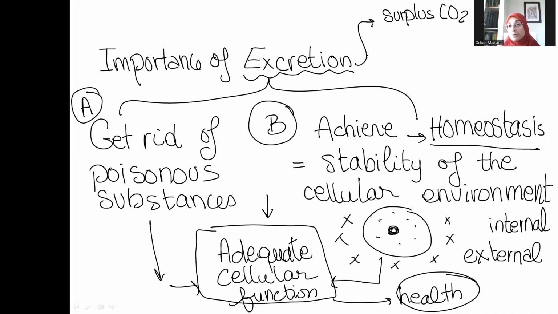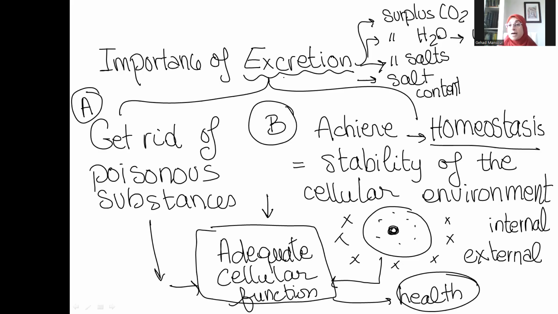When you excrete, for example, the surplus water, you are stabilizing the water content of the blood and all the body fluids. When you excrete the surplus salts that you eat, you are, for example, stabilizing the salt content of the blood.